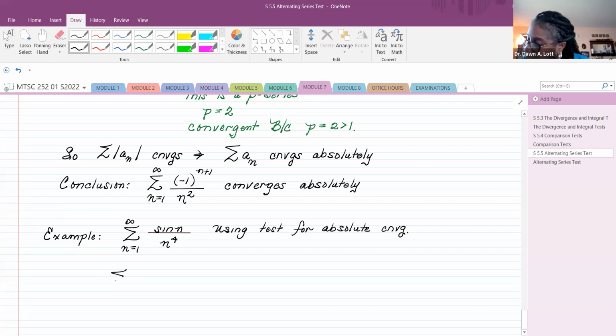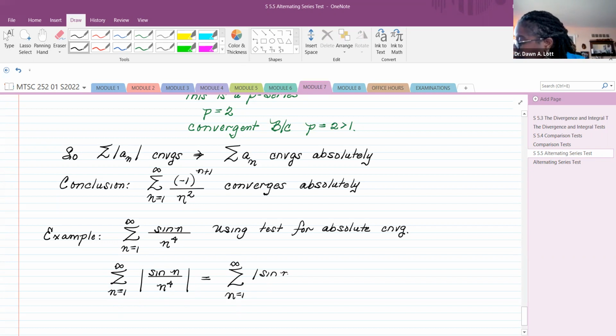I can get the sum n equals 1 to infinity of the absolute value of the sine of n over n to the fourth. And that is equal to the sum n equals 1 to infinity of the absolute value of the sine of n divided by n to the fourth. Now, what do you know about the absolute value of sine?